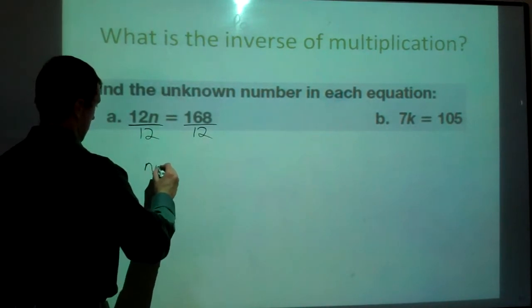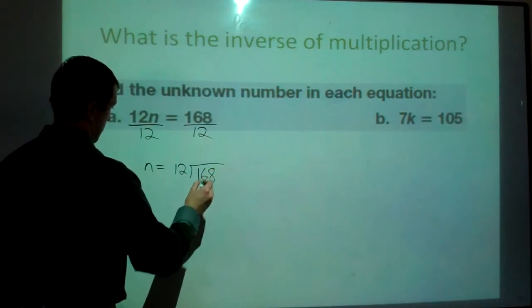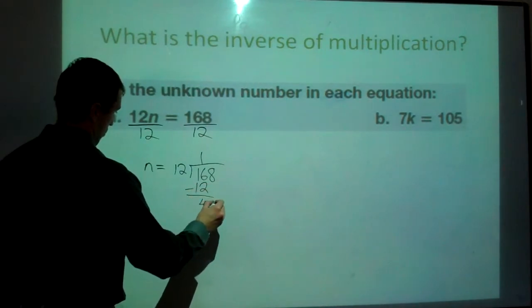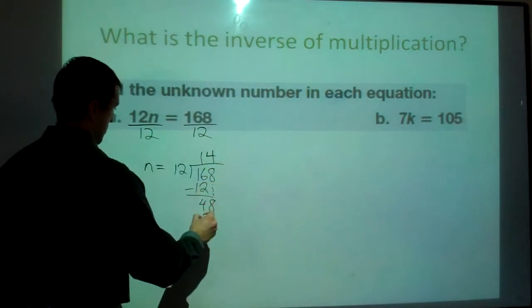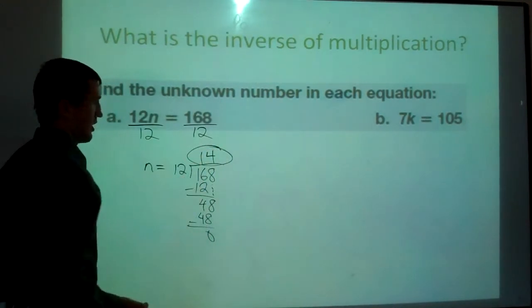So now we have n equals 168 divided by 12. I'm going to go 1, 4, drop our 8, and 12 goes in there 4 times. 0. So n equals 14 here.